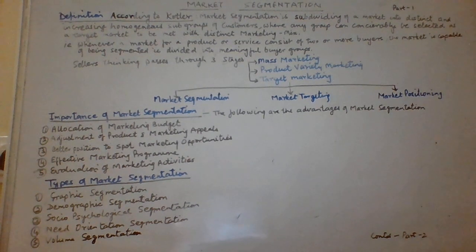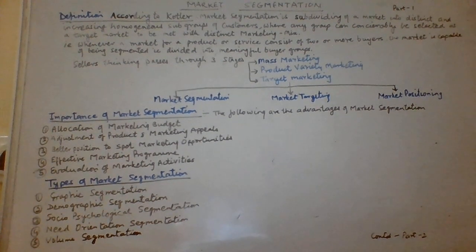That means from the various options, it becomes the prerogative of the marketing manager to go for one or more of the segments, depending on the capabilities and the financial condition of the organization, as to how much budget the marketing manager has or is allocated.